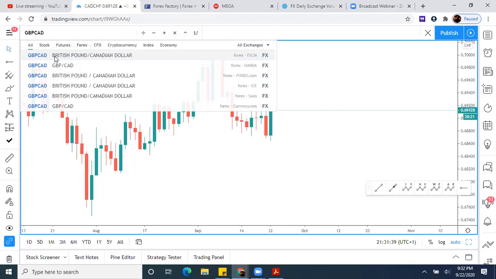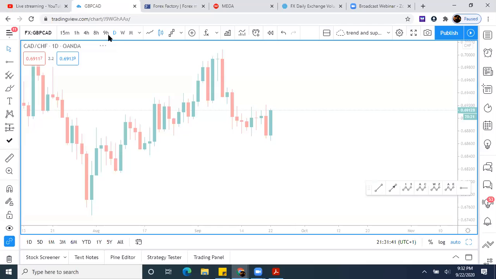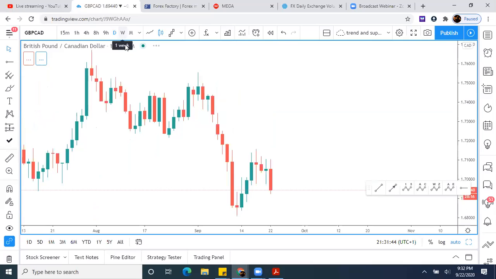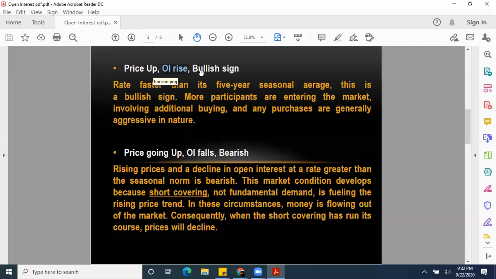If we look at GBP CAD, and I'm doing this on the daily time frame since open interest comes once a day, if price is bullish like we have here, and my open interest is positive, it is an indication that I should hold on to my bullish trades. That is the meaning of this. Price is going up, open interest is also rising, bullish sign.